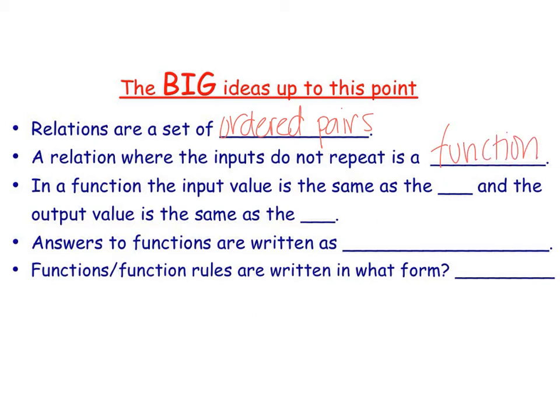In a function, the input value is the same as the x-coordinate in an ordered pair, and the output value is the same as the y-coordinate in an ordered pair. So when we come up to our solutions for functions, we write them as ordered pairs.